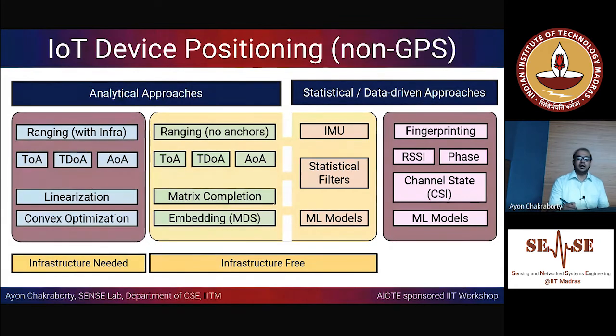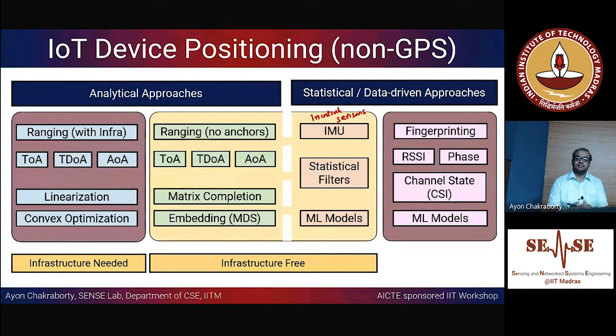The other thing that is also infrastructure free is IMUs. IMU is your inertial measurement unit, the inertial sensors that all of you have in your smartphones. This is a combination of your accelerometer, gyroscope, compass, magnetometer, and so on, from which you can derive your heading, your acceleration in a given direction, and the angle you are making while you are walking, which is basically your heading.